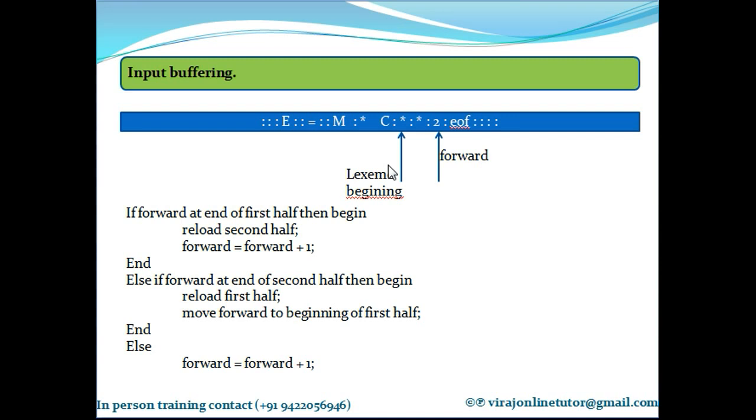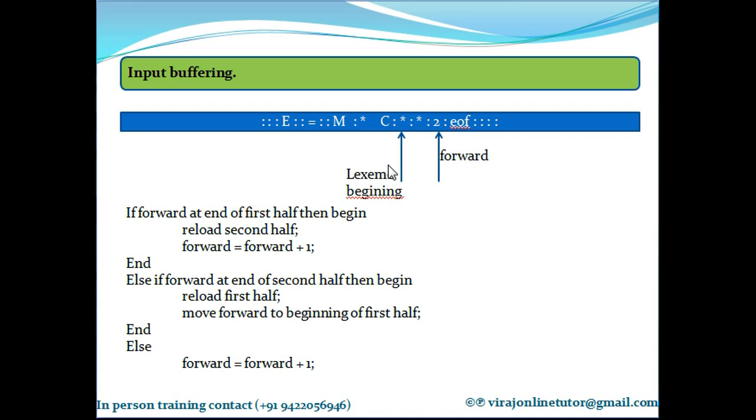Initially when we start, both the pointers are pointing to a single character, that is the start of the lexeme. Then we keep on incrementing the forward pointer till a particular pattern rule is matched. As soon as a pattern rule is matched, that means we are successful in categorizing this lexeme as a token.